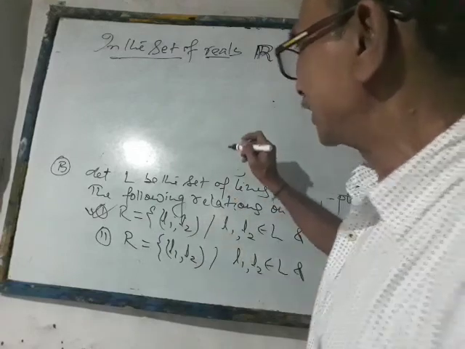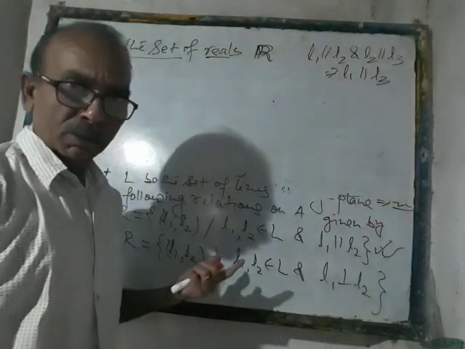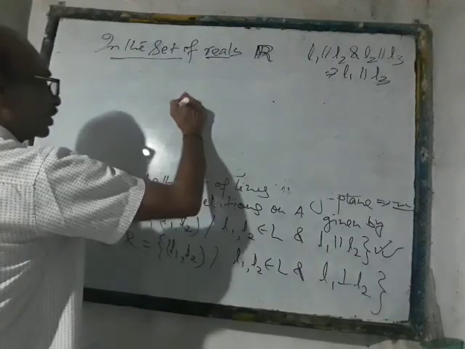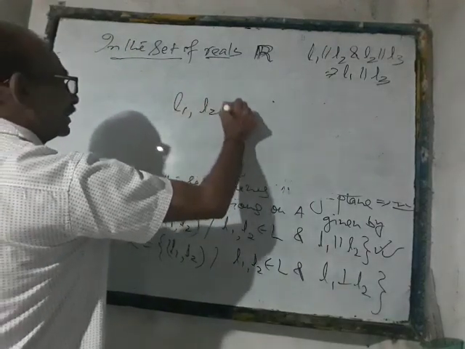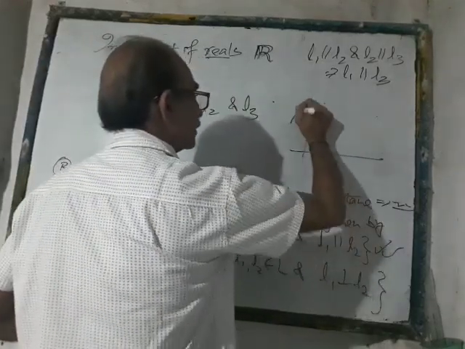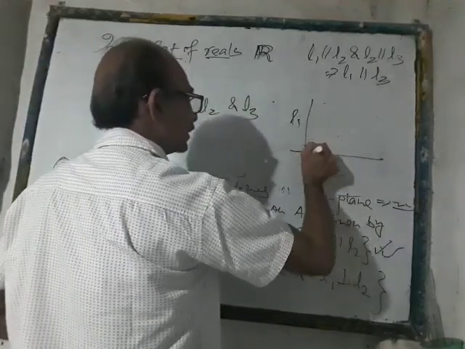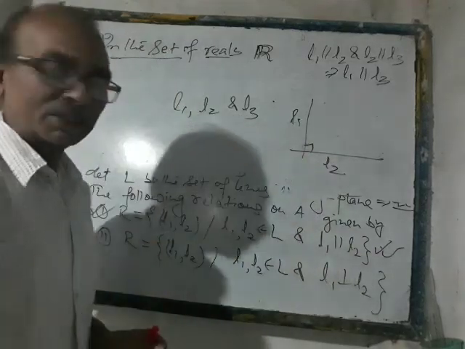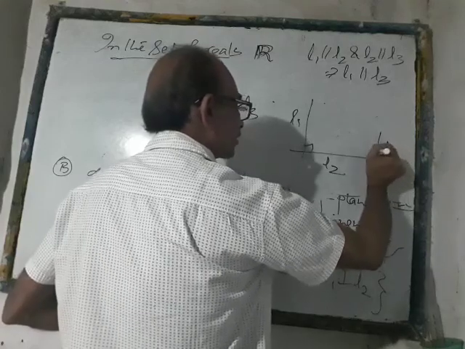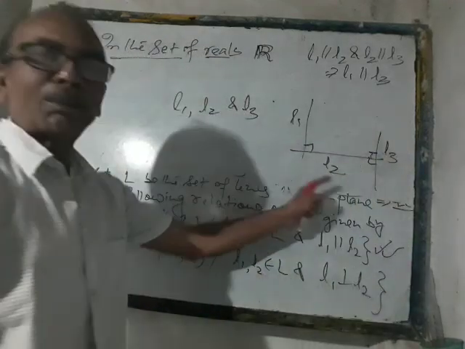So you just go on taking 3 lines, whatever we had told, that we have to consider 3 objects. So if we take 3 lines, suppose L1, L2 and L3, this is L1, this is L2. It is given that L1 is perpendicular to L2, and if we say that L2 is perpendicular to L3, then is L1 perpendicular to L3?